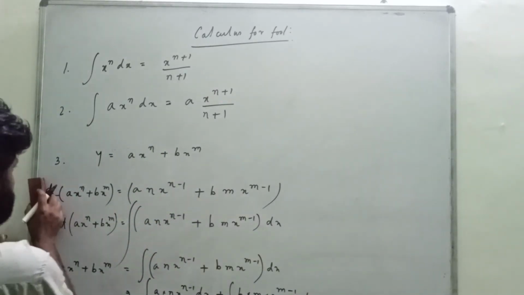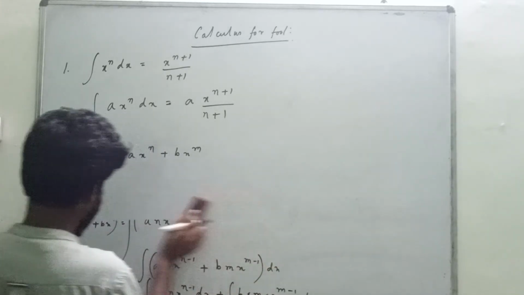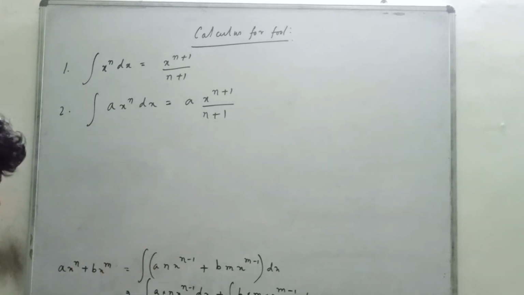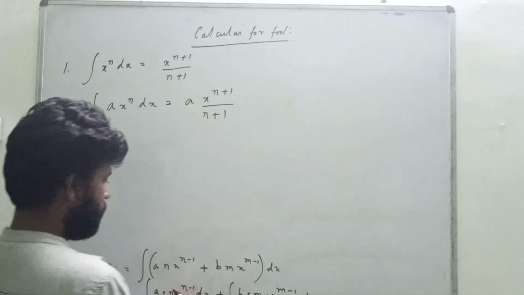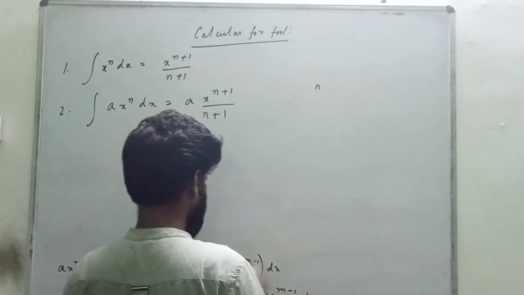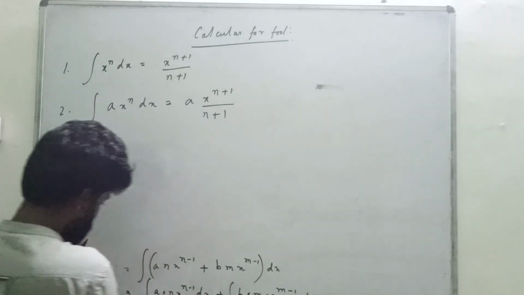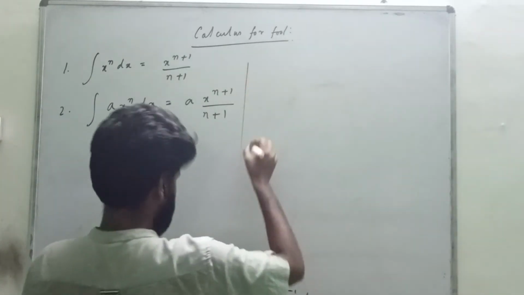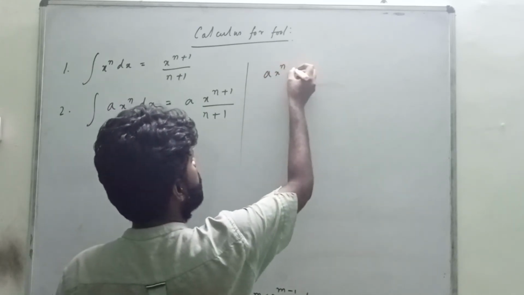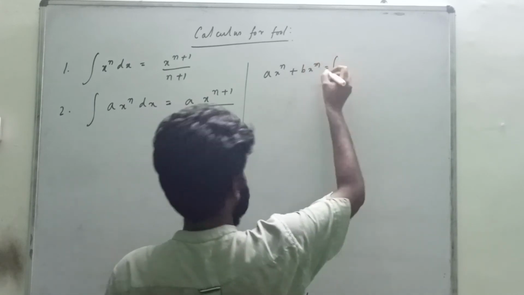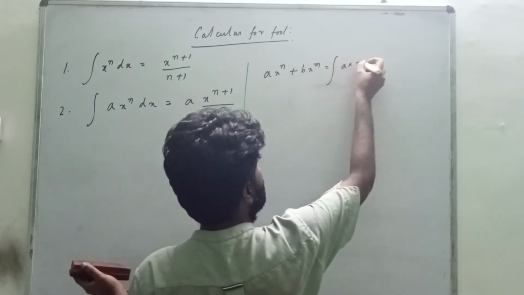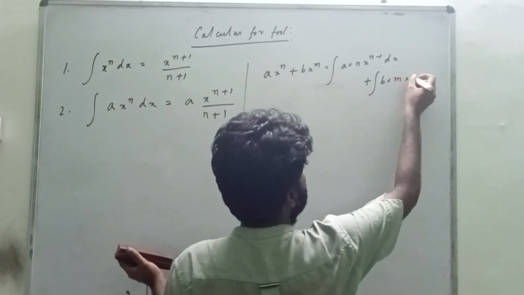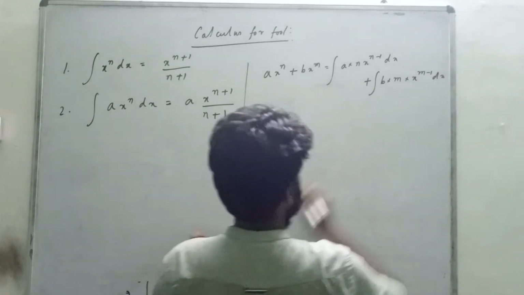Okay, so let me write down here. So ultimately here, the sum of ax power n plus bx power n equals the sum of a n x power n minus 1 dx plus b m x power m minus 1 dx, right?